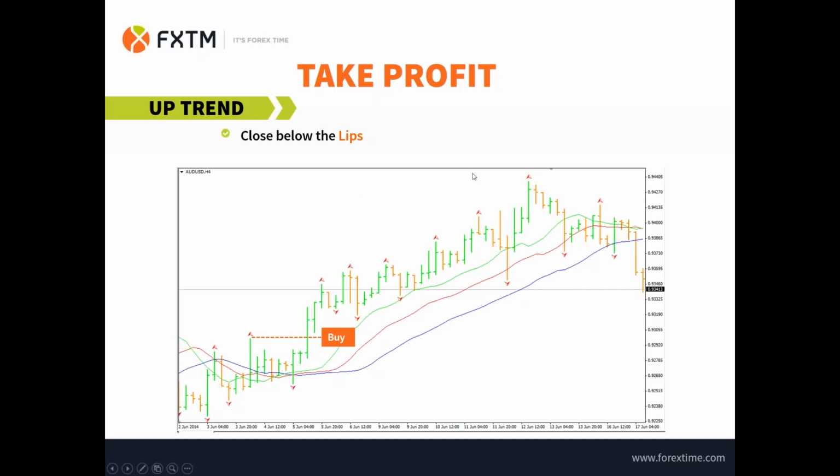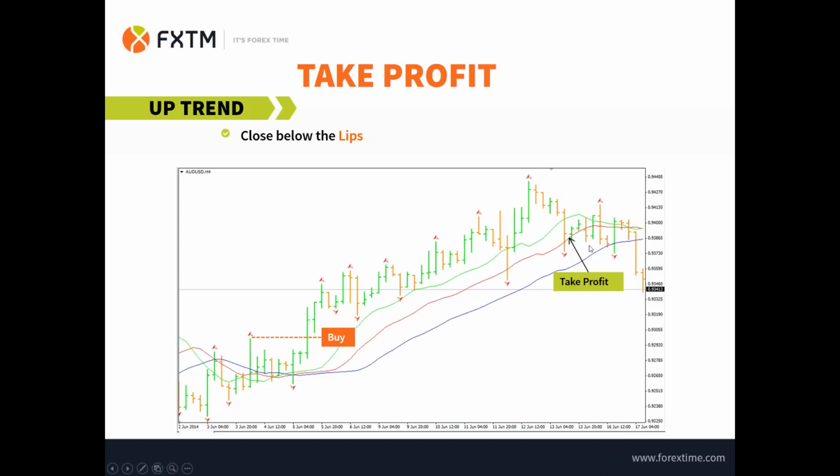So I can take my profit when I see a close right here, perhaps. Is it a close below the lips? Is it marginal here? Let me see. Right here. This is a clear 100% close below the lips, right? So I can take my profit here if I am a little bit on my conservative side.